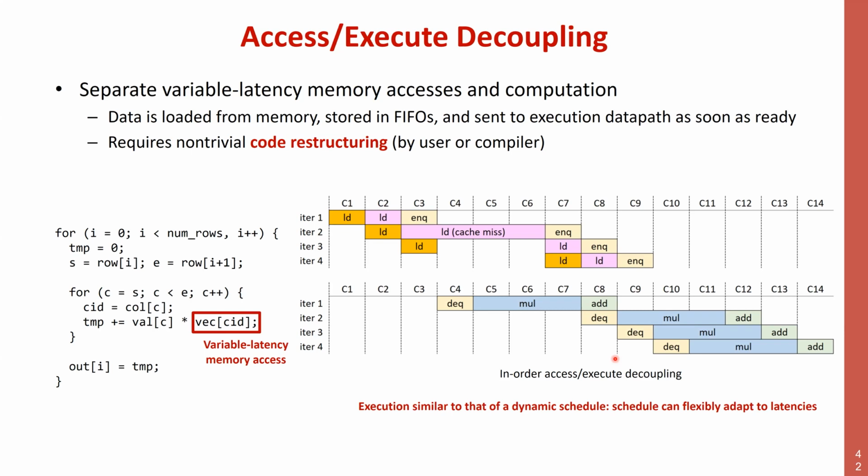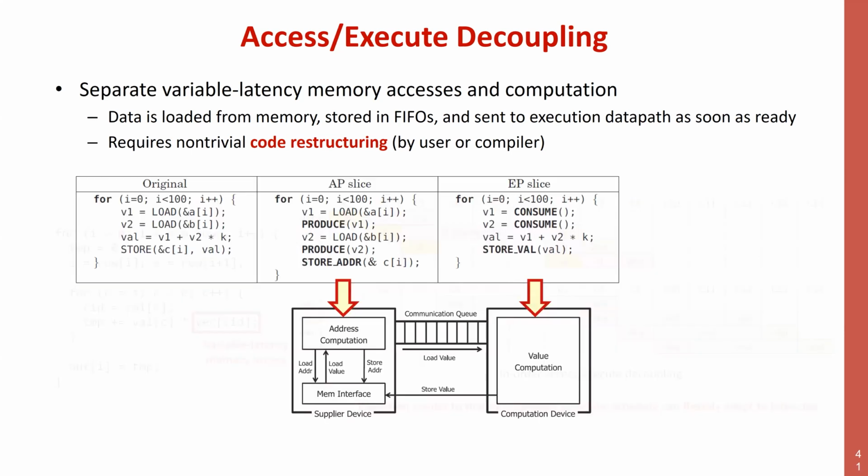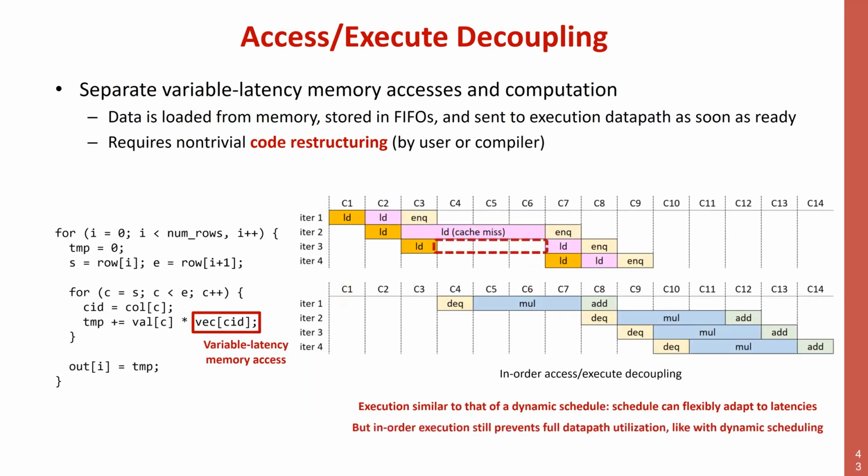And what we see here has also been done by the people that wrote this paper, by essentially trying to do this transformation, this code restructuring, automatically, but you could do it manually, and then use standard HLS tools to do the actual implementation.